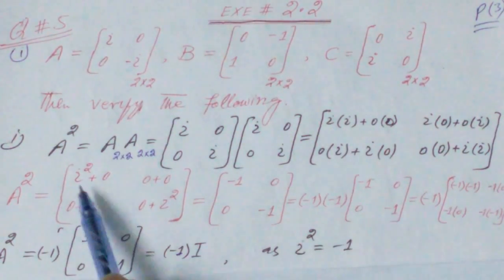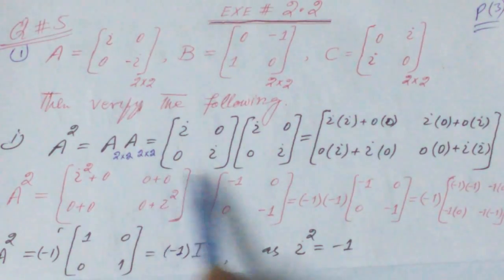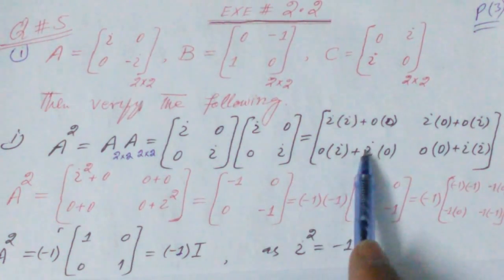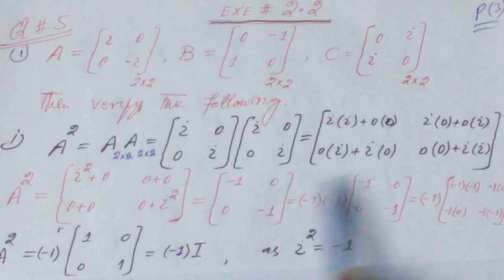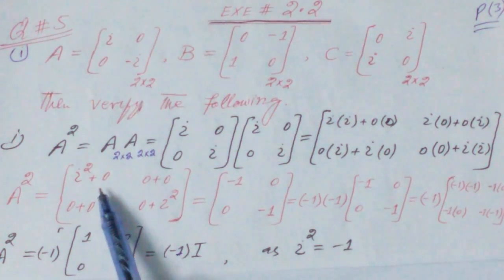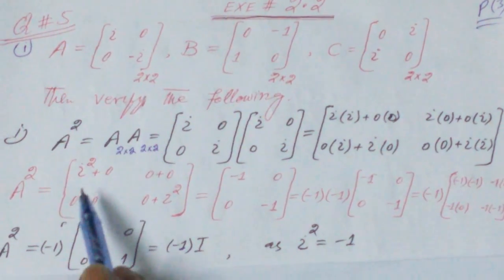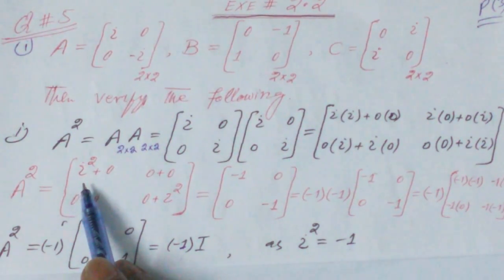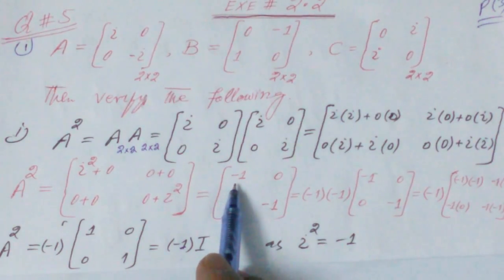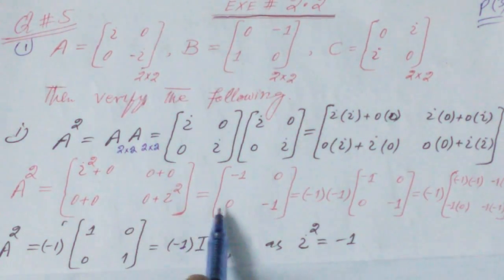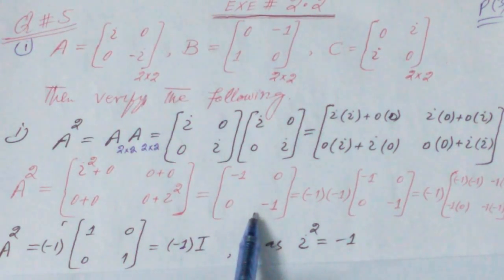After the simplification, we get iota square plus 0, 0 plus 0, 0 plus 0, 0 plus iota square. Now, as iota square is equal to minus 1, substitute the value of minus 1 here. This is equal to minus 1, 0, 0 and minus 1.